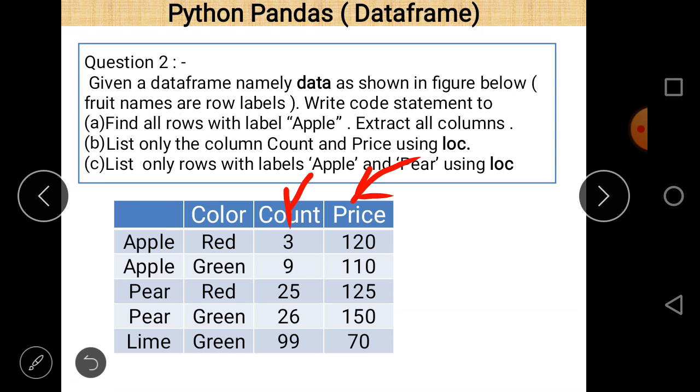No row is specified here, so we have to select all rows with columns count and price, because in the question it is given to list only the columns count and price using LOC. So all rows with columns count and price.